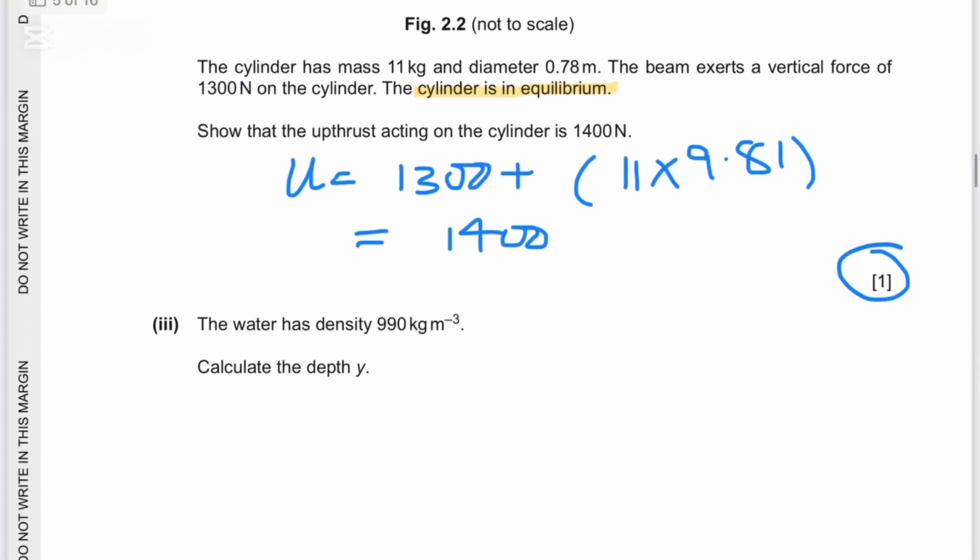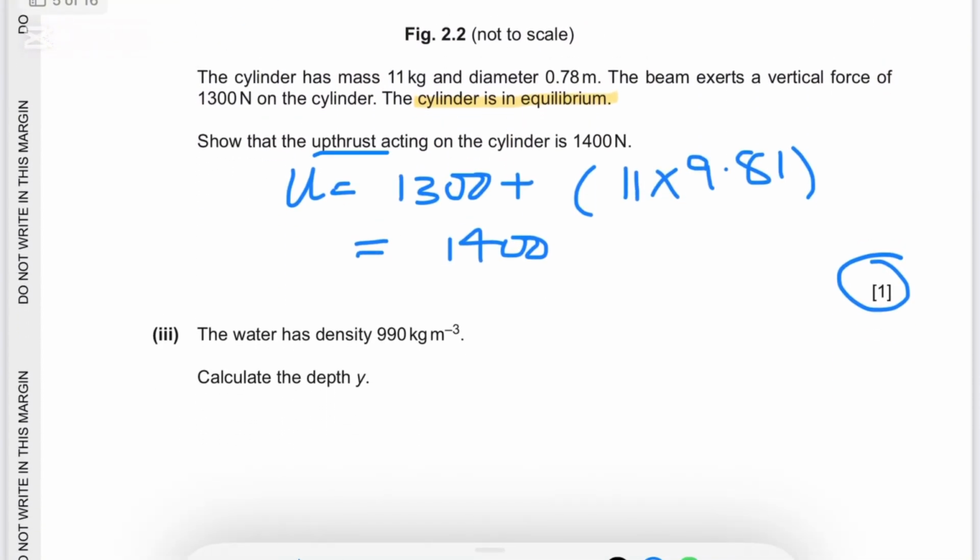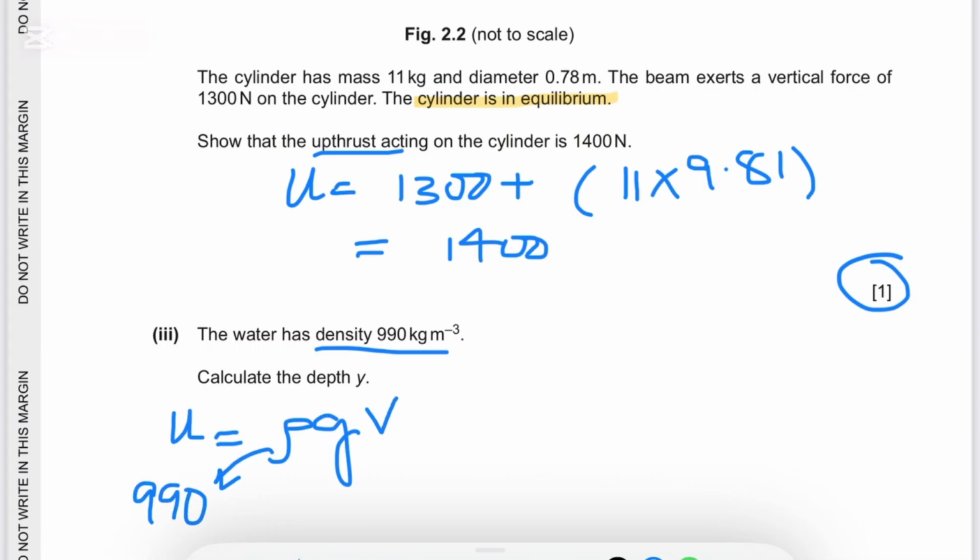Now that we have both upthrust and density, this should make you recall the formula of upthrust, where this value is equal to the density of the surrounding liquid multiplied by the gravitational constant multiplied by the volume of the submerged object. So the density of the surrounding liquid, which is water, is 990. You know the constant value as well.